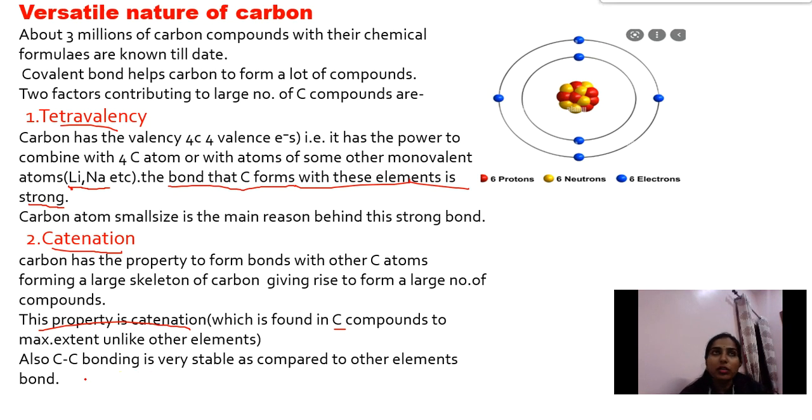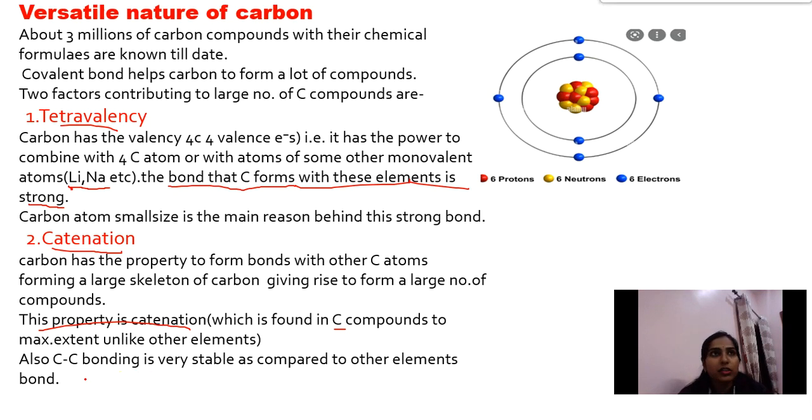Catenation is the property which is found in various elements, but it is found in carbon compounds to a maximum extent.